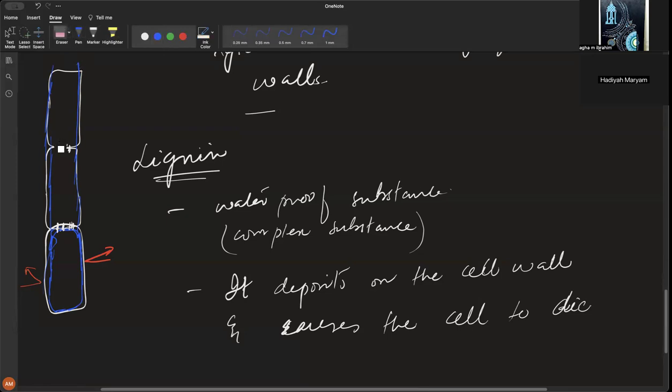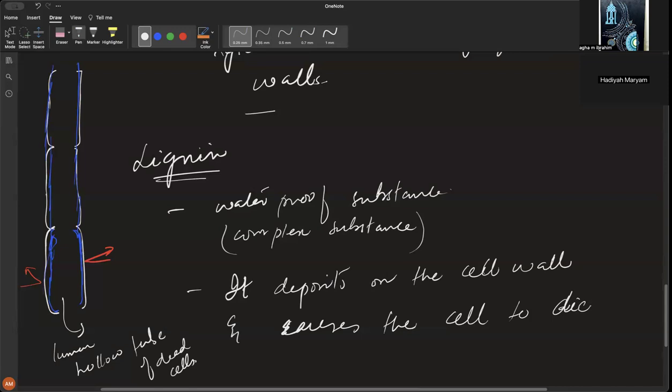The middle part starts to go away and becomes a hollow wall of the dead cells. So the lumen becomes a hollow tube of dead cells. Is this clear?